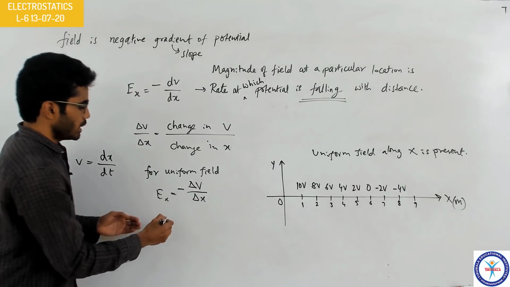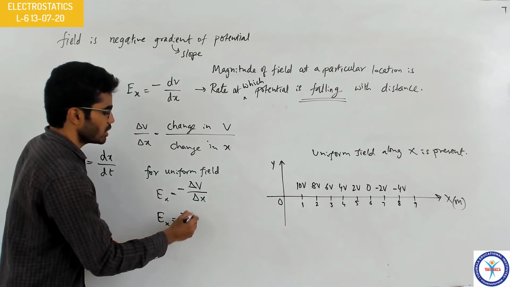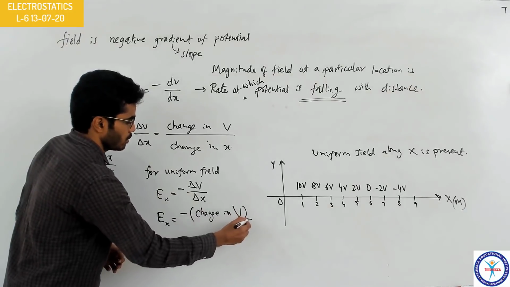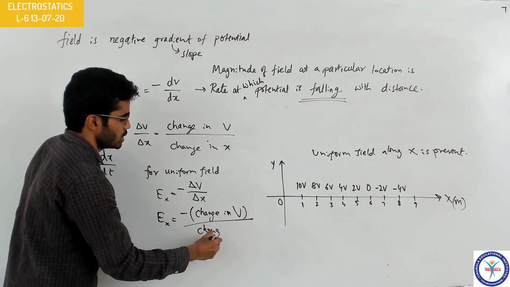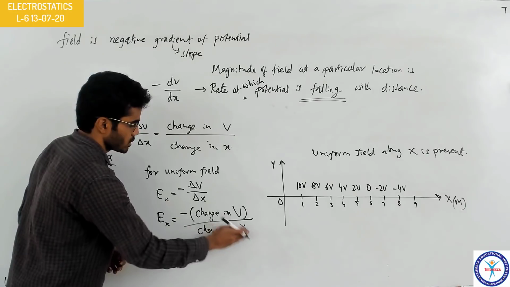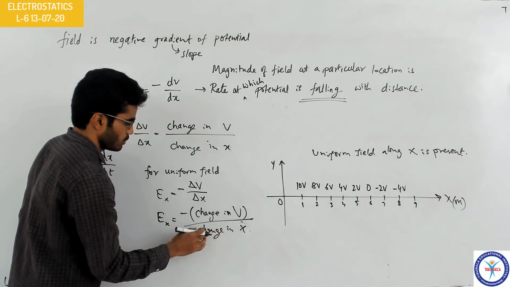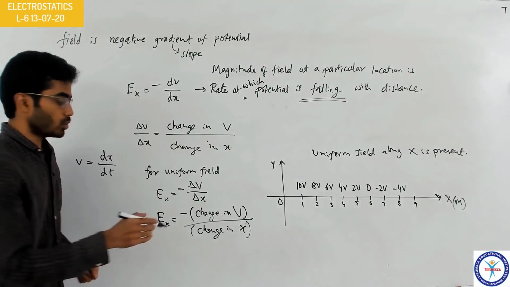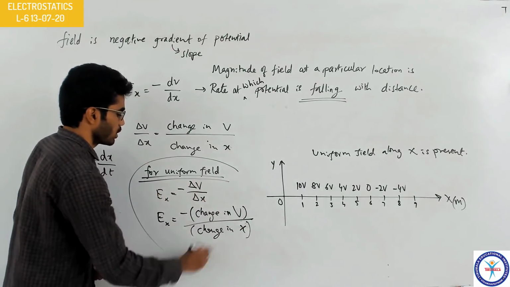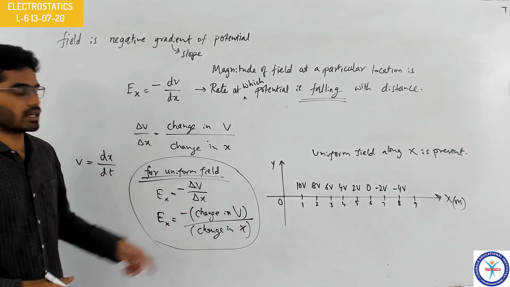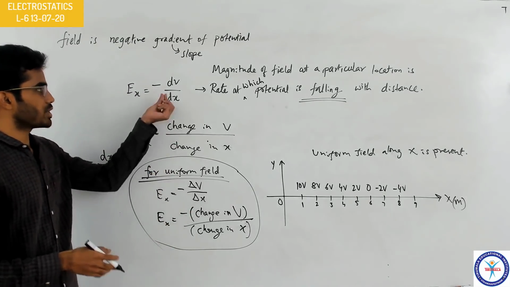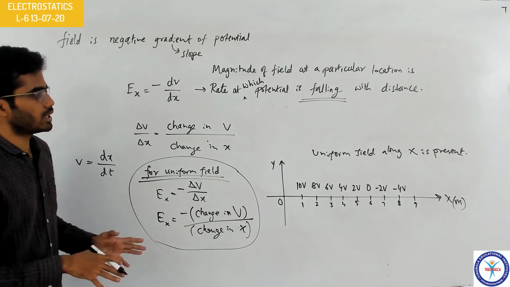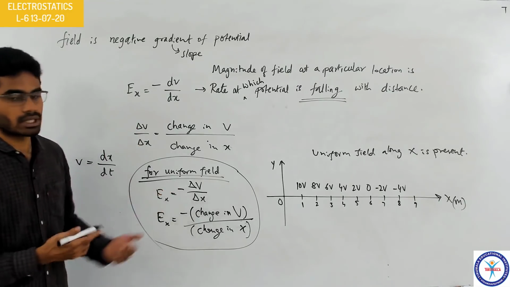That means Ex is minus of change in V by change in x position. For a uniform field, this is very important. If the field is not uniform, you have to take the differentials. Only for small changes that is true. But for uniform field cases, you can take bigger changes.